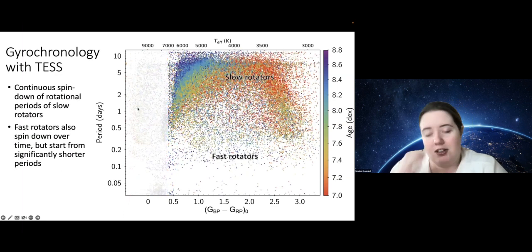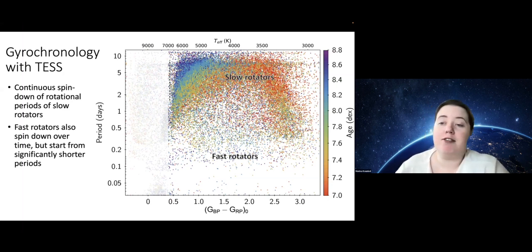So let's go back to these rotational variables. Here we see a very clear gradient in periods, going from the youngest ages having fairly fast periods to the older ages having fairly slow periods. And this is very similar to what we've seen before with Kepler and with ground-based surveys, only now we have a much more continuous distribution of ages.